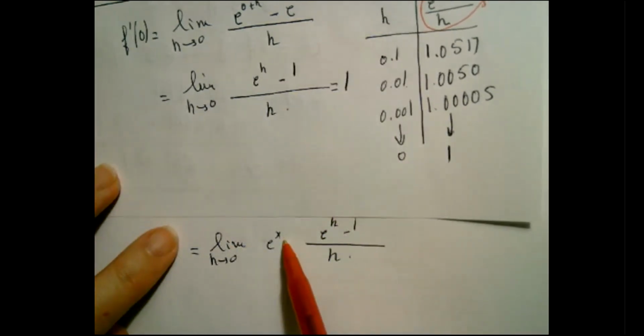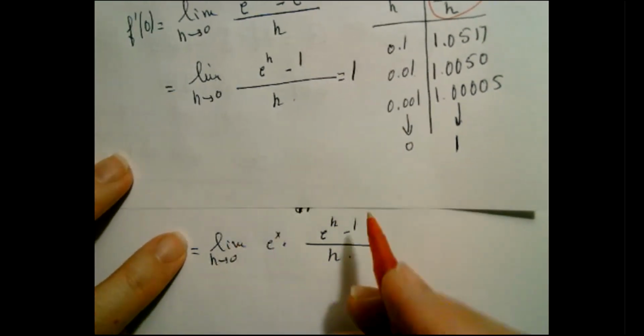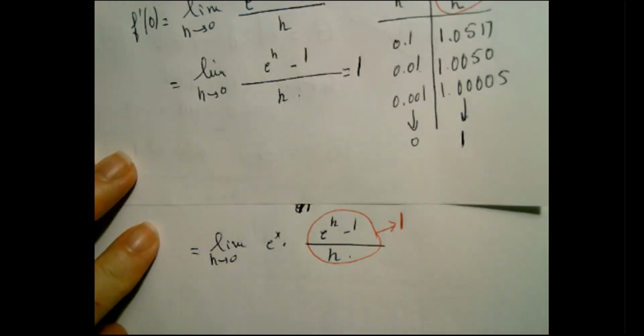So x is fixed now. It's h which is changing, h becoming close to 0. So this expression right here is becoming close to 1. So what I'm going to get is exactly e to the x.